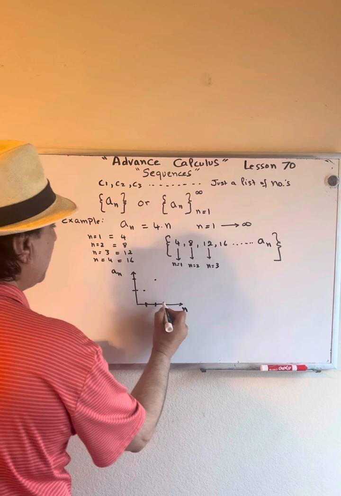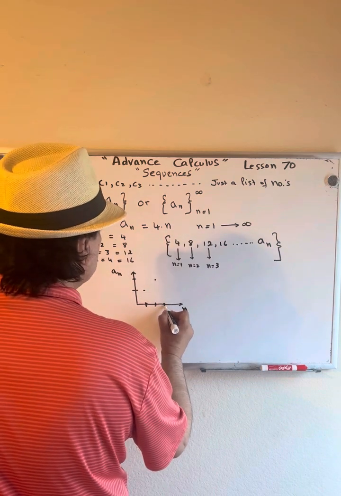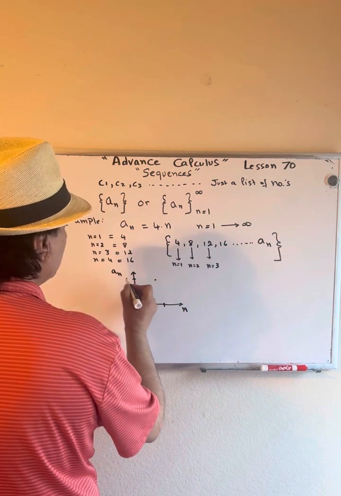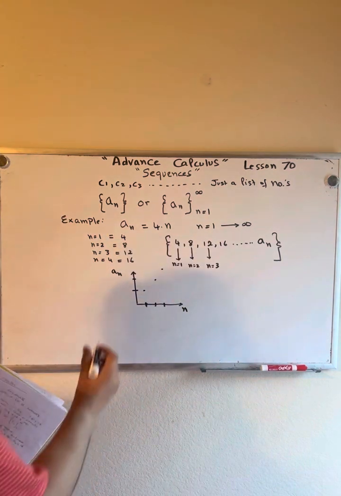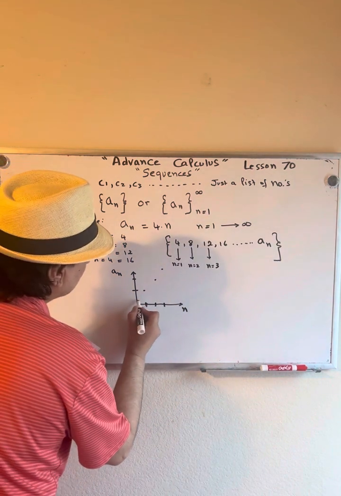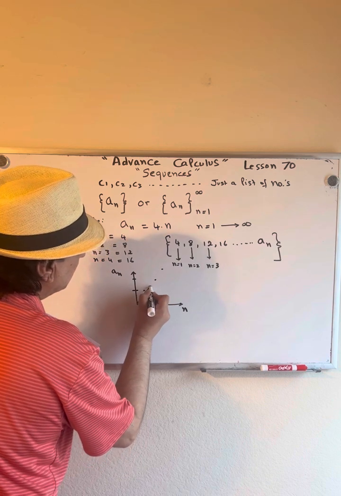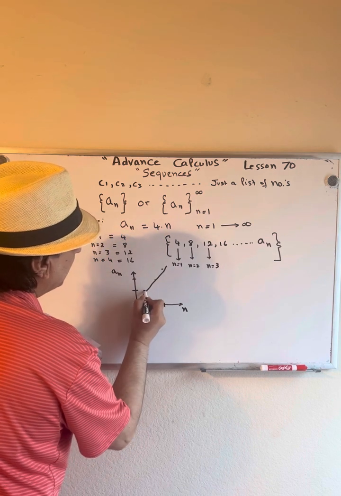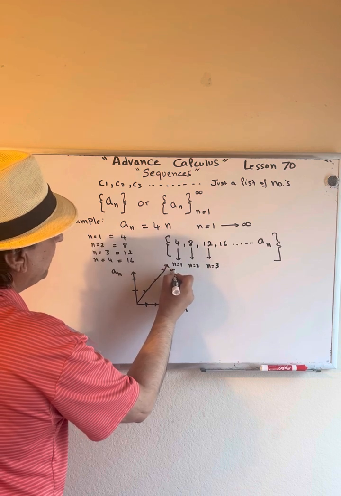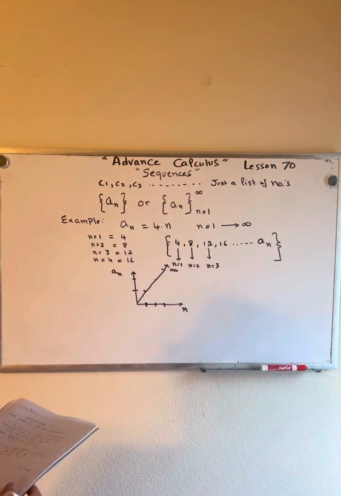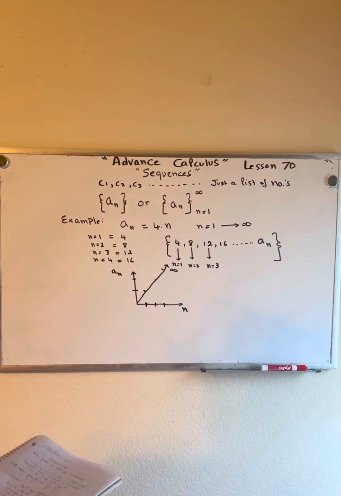And when n is equal to 3, we have a sub n equal to 12. So the graph is going to look like a straight line, and this straight line goes up to infinity. That's the graphical representation of that.